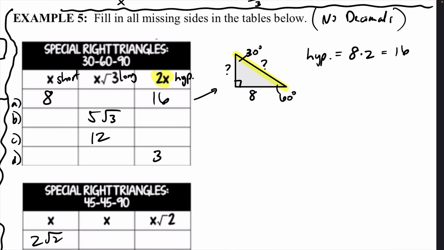Okay. The short leg was there. And now we have to find the long leg. So if I have the short leg and I have the hypotenuse, how do I find the long leg?